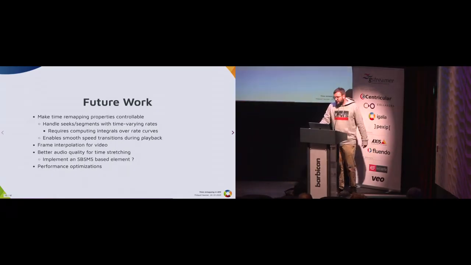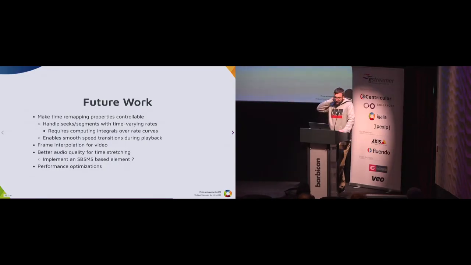And for video, we want to implement an element that does frame interpolation to improve quality during slow motion in particular. So, yeah, that's also something that we'll have to work on. For audio quality, the audio quality of pitch is not ideal. And we are considering implementing another element, maybe based on SBSMS, like Audacity does, or there are also some Rust crates that implement this, and we will have to investigate what is best for us and what is really required.